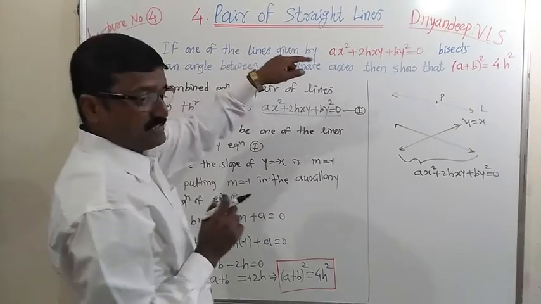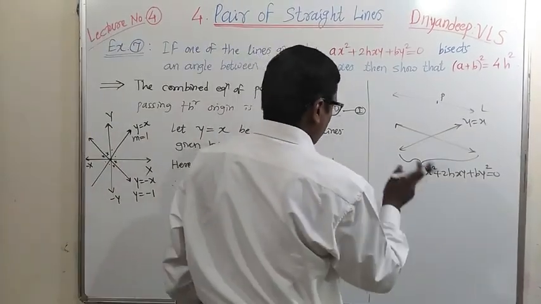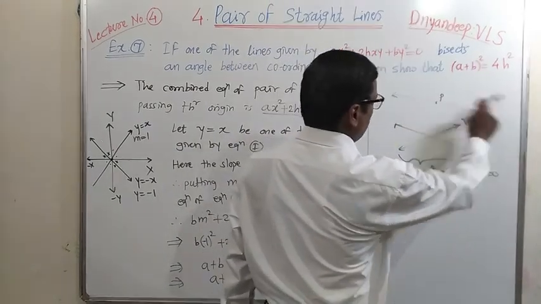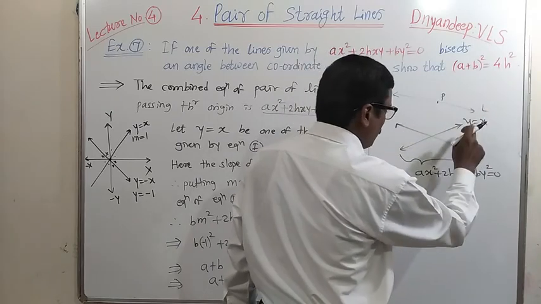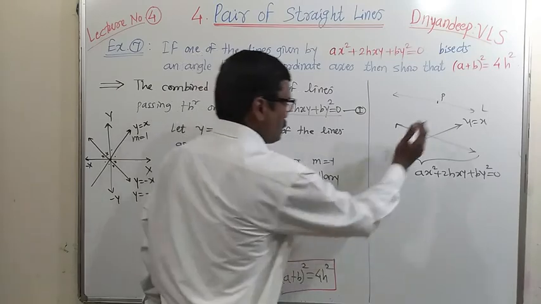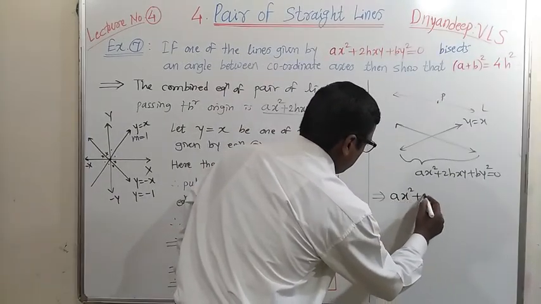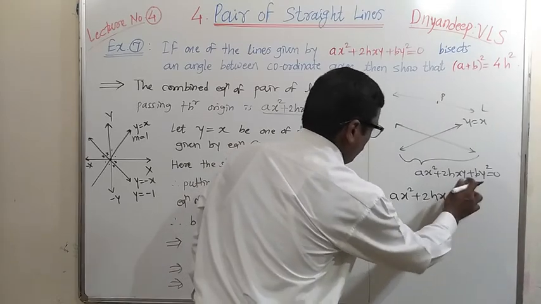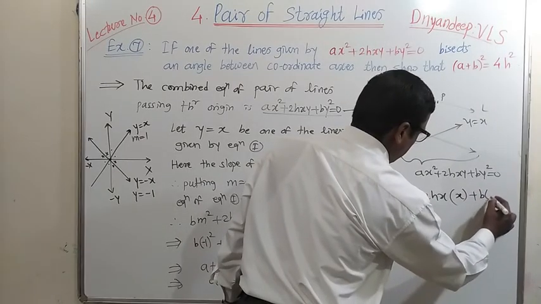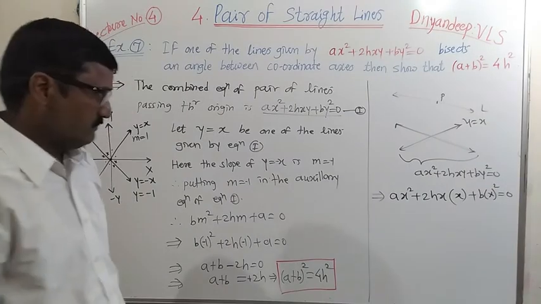Whenever one of the lines is given in an example, you can think in this way. As we put the coordinates of point P in the line, put the value of y equal to x in this equation in the similar way. So putting y equal to x in this equation, we get ax square plus 2hx, and value of y will be x, plus b, value of y is x, so it's square.